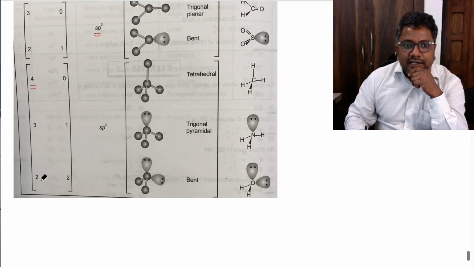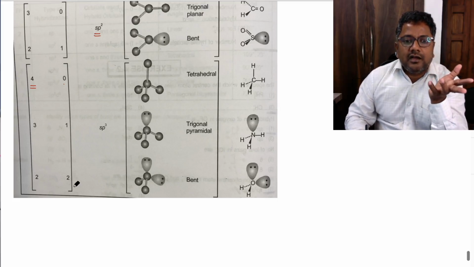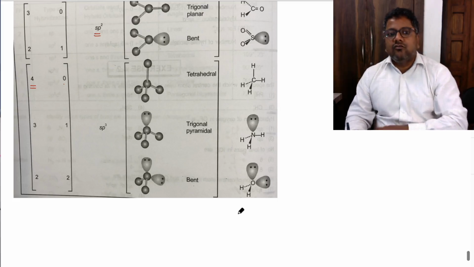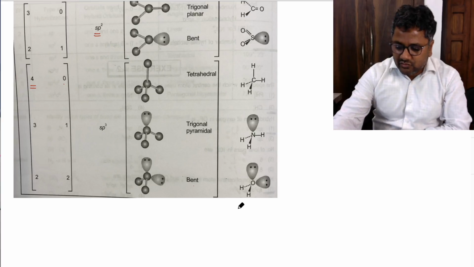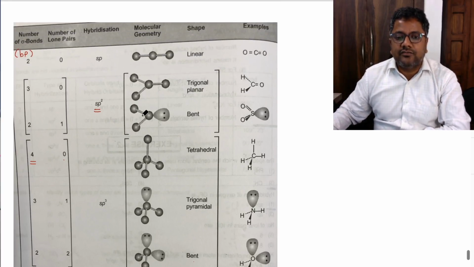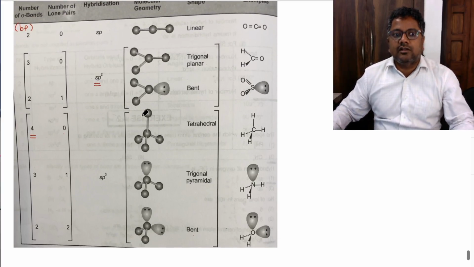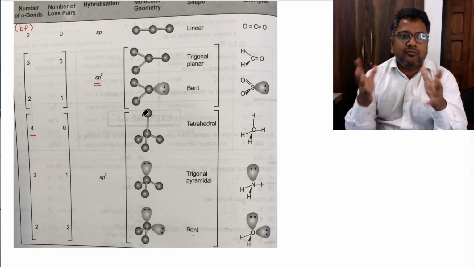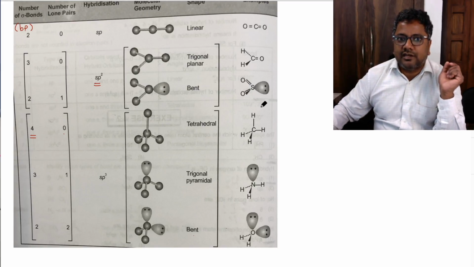And in case of sp3, there may be two bond pairs and two lone pairs, so you will get a bent structure like water. These are a few examples of this VSEPR model, in which sp2, sp3 and sp, numbers of bond pairs and lone pairs are shown.